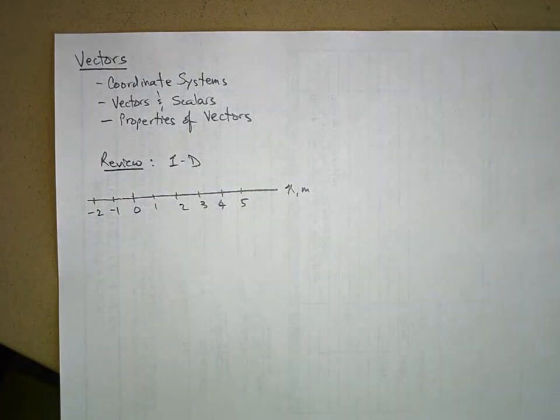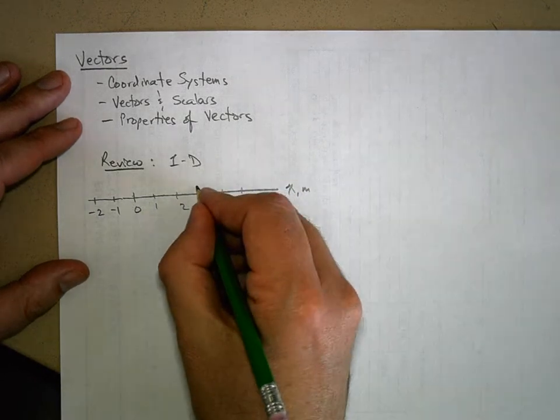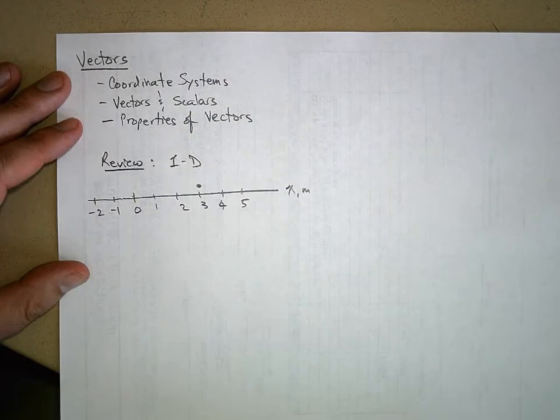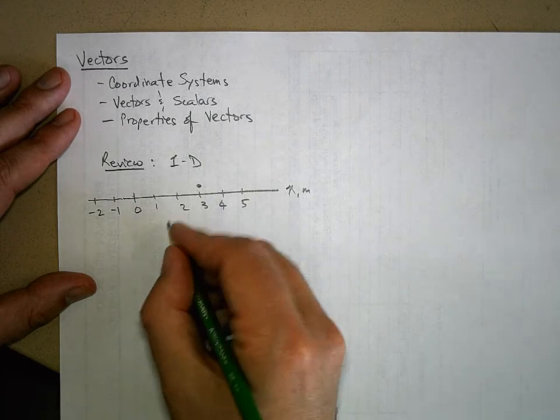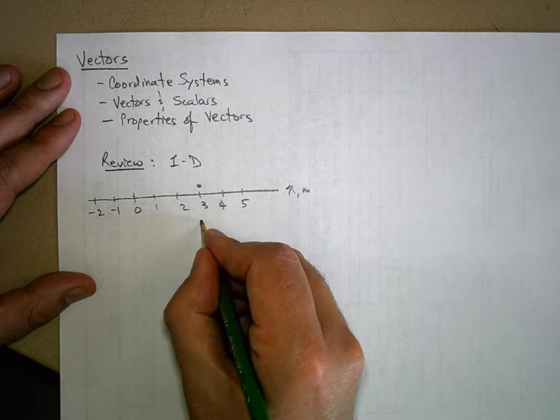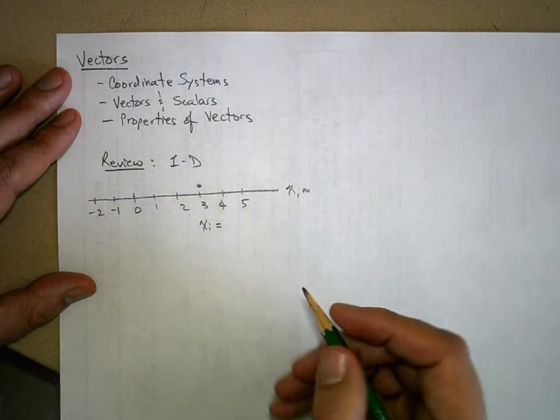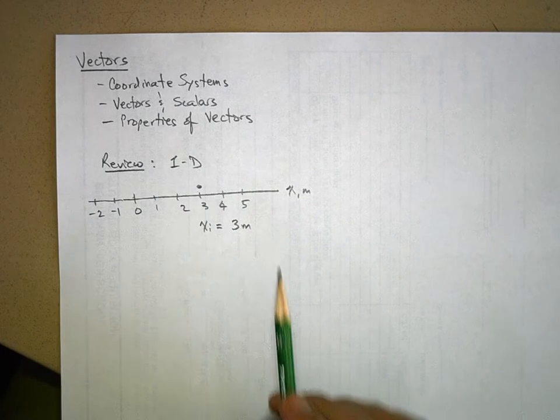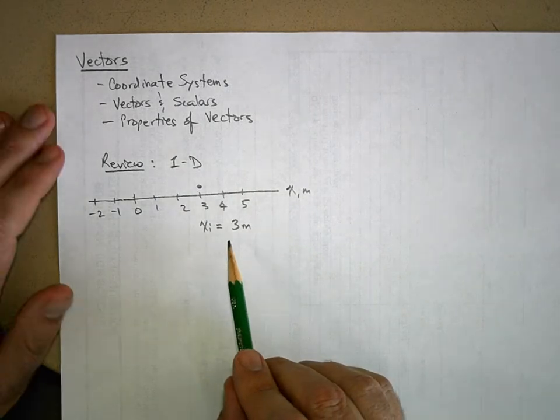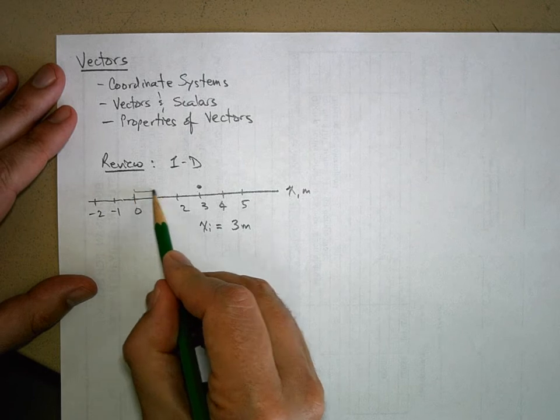We said that if an object is located somewhere along the single-dimensional space, let's say the object is right here, maybe this will be the initial position. We'll say the x initial is equal to 3 meters.